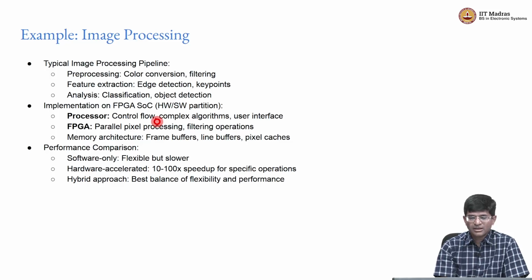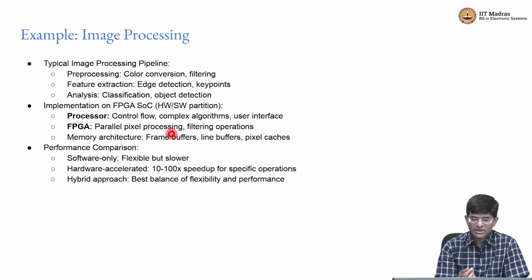Whereas the parallel fabric, the programmable logic that's present on the FPGA, is best suited for highly parallel computations. When you have a lot of pixels that need to be processed using the same kind of operations, that's an ideal scenario for running it on parallel digital hardware. Filtering is a good example of something like this, where you need to apply a similar kind of multiply and add operation on a large number of different pixel values.